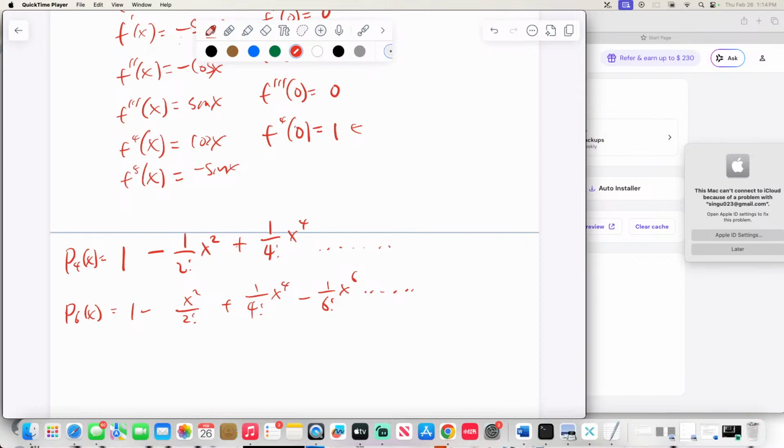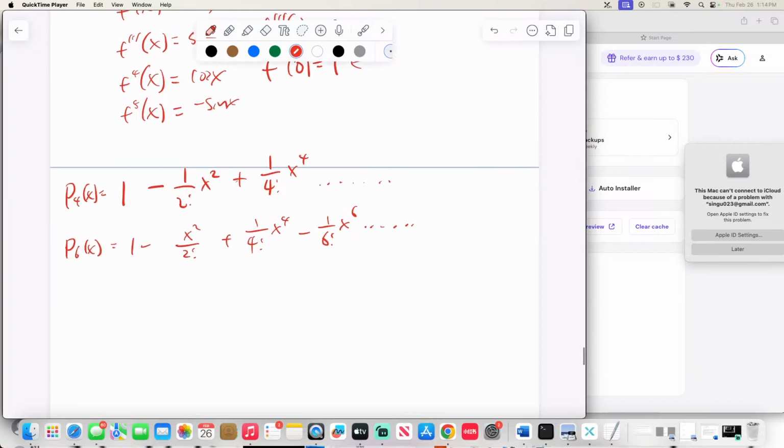So can you summarize a series that looks like this? The first term is positive, the next term is negative.